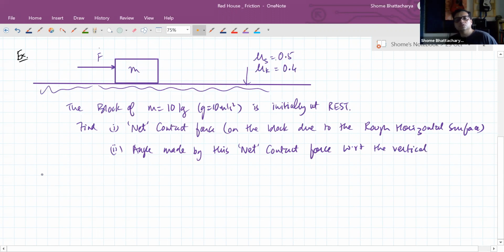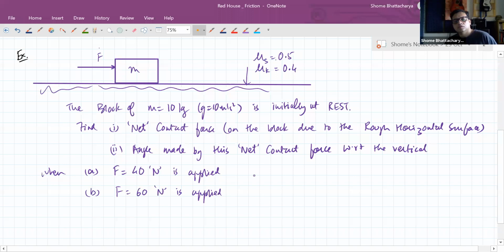So we have to find out these two things when F equal to, let us say, a force of 40 newtons is applied, and a force of 60 newtons is applied. In both cases, F is applied horizontally as shown.